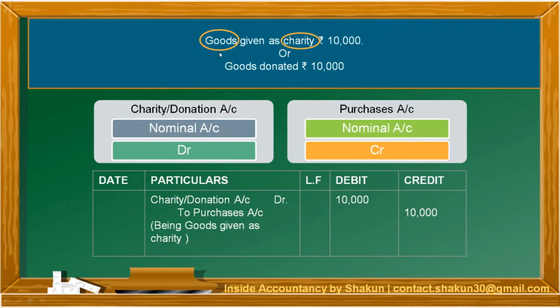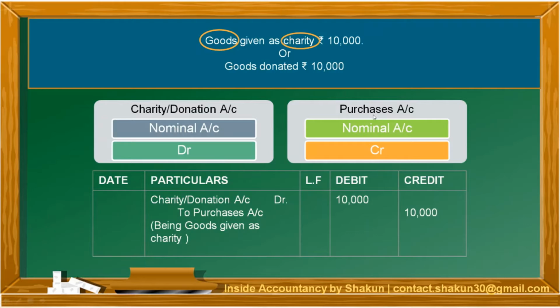But here when the goods are given as charity or when the goods are donated, we do not give them at the selling price. We are not selling the goods, we are not earning anything from the goods, but although the stock is reducing, therefore purchase account is credited.